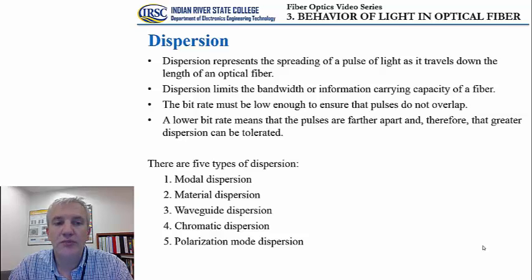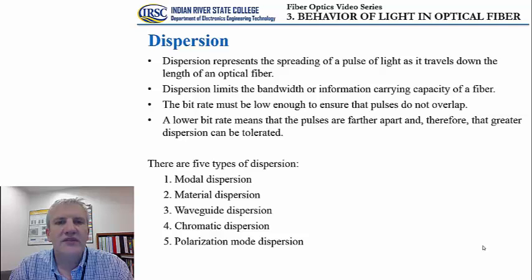And obviously, lower bit rate means that the pulses are farther apart, and that the greater dispersion can be tolerated. But on the other side, lower bit rate means lower speeds or a lower amount of information being transferred over a certain amount of time.